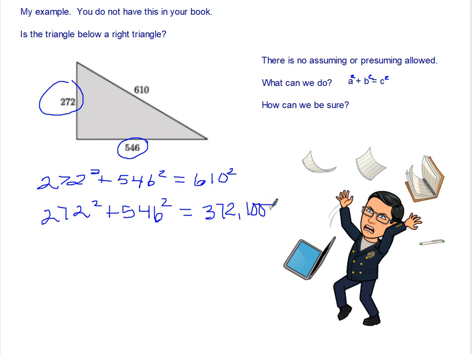Okay, and now let's see what we get when we do that 610 squared, which is our C squared. Oh, good, we got the same thing, right?